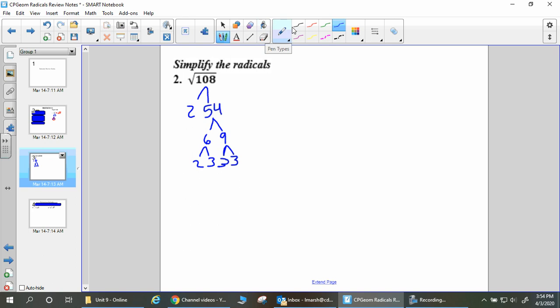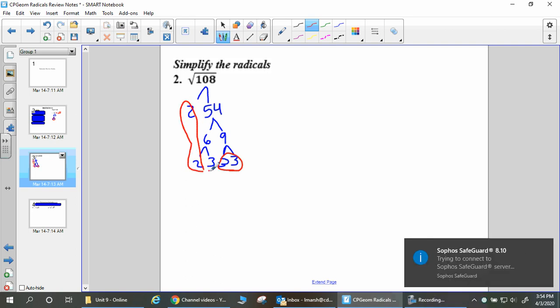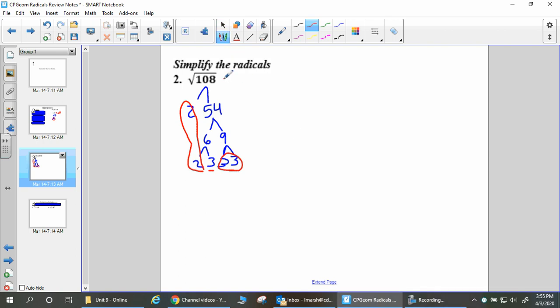And so now I'm looking for where my pairs are. Well, here is a pair of 3s. Here is actually a pair of 2s. And then there is this single 3 in the middle of my screen.